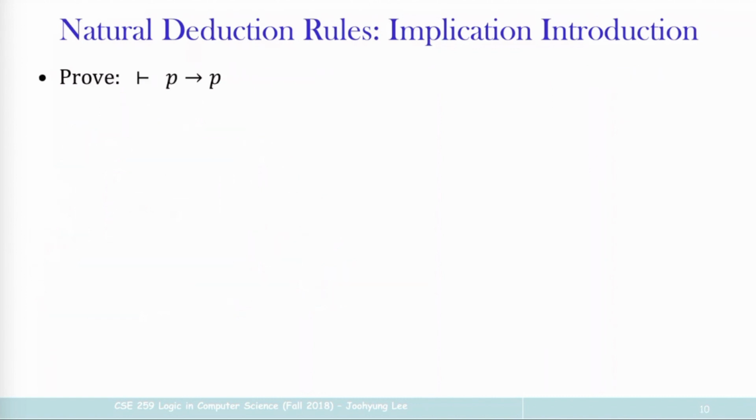All right, so here is something. P implies P. How do we prove this? The difference here is there are no formulas as a premise, right? So we cannot write anything in the beginning. But the last thing is P implies P. How can we derive this?